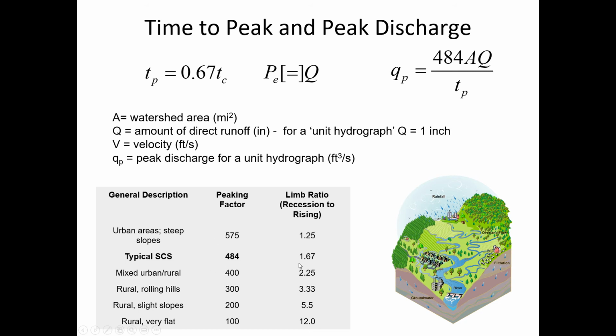And so it's hard to know whether you'd want to deviate upwards or downwards for one particular watershed unless you have a way to calibrate it after the fact. So that's why we'll just stick with this typical peaking factor of 484.